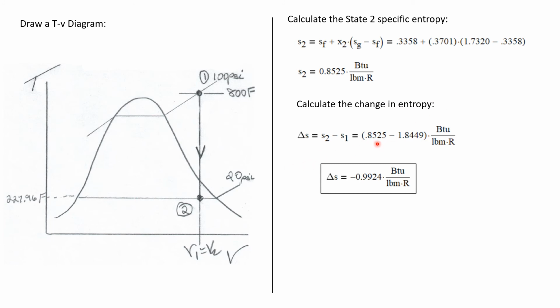We just calculated S2 for the saturated mixture, and we subtract from that the value of entropy at state 1, which was the superheat value, and we get that delta S is minus 0.9924 BTUs per pound mass R. So we see that the system specific entropy decreased with this negative sign.